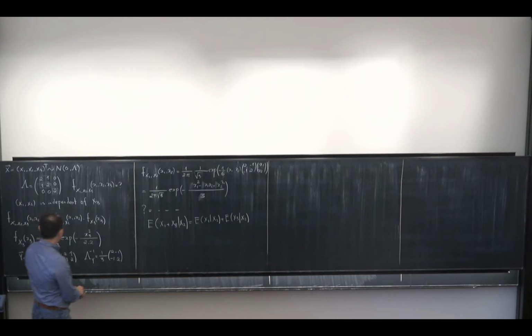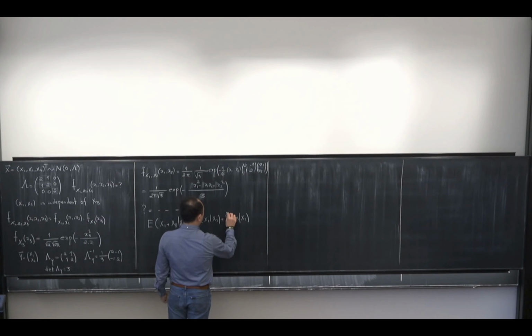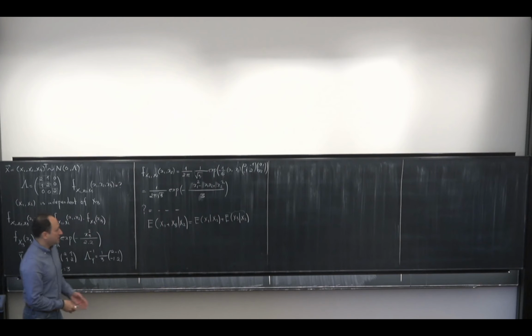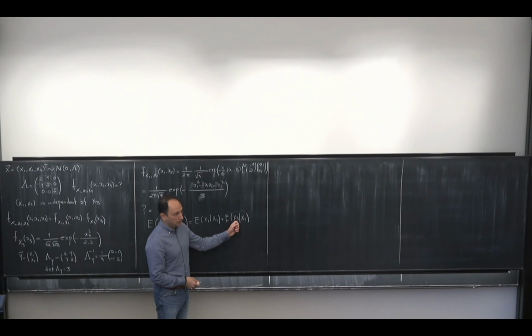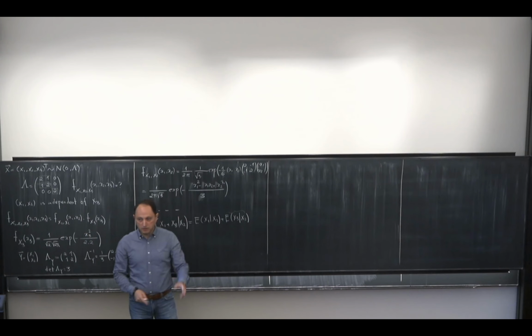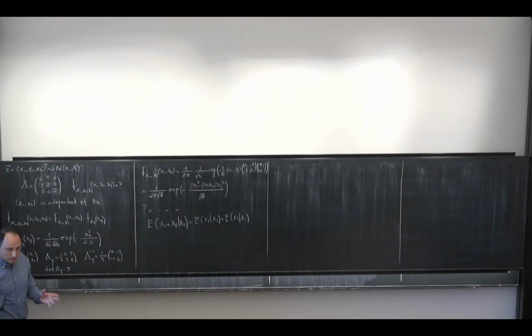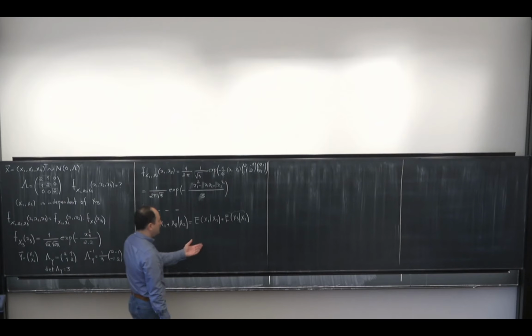So for example, what do you think will happen here? This is the expectation value of x3 provided I have some information regarding x2. Yes? But what was the relation between x2 and x3? They were independent. If they are independent, what does it mean?